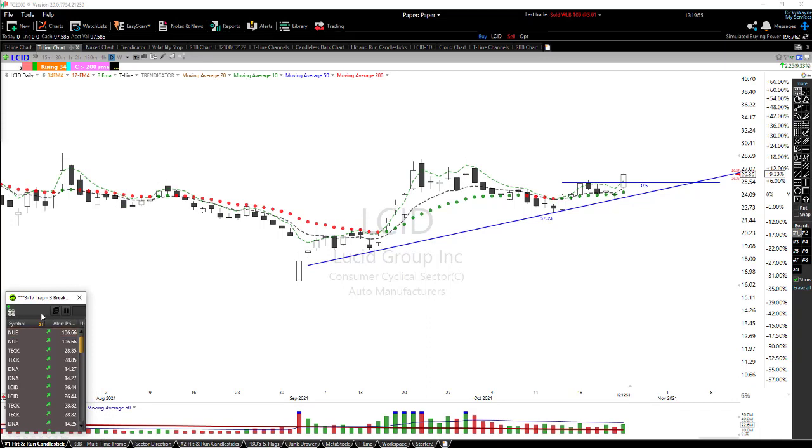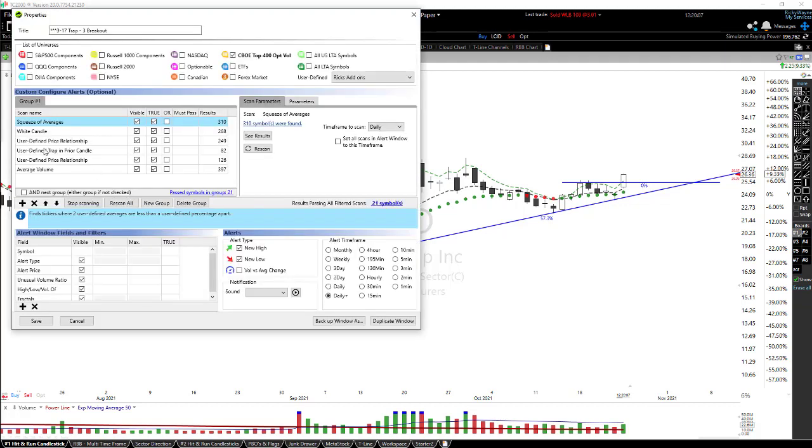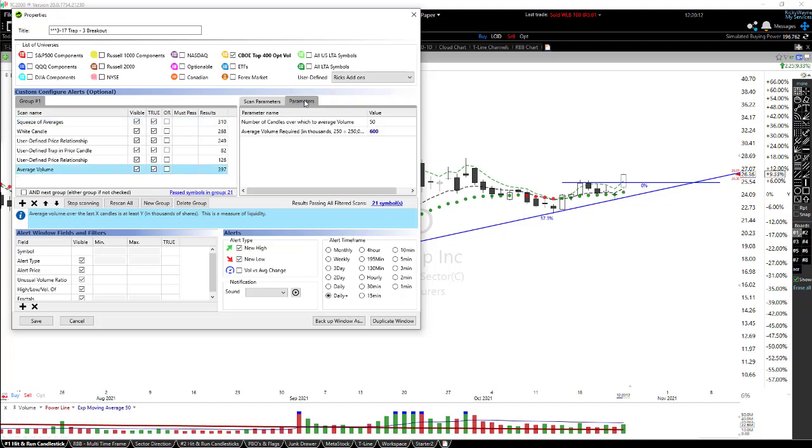And by the way, this number right here, there's only 21 stocks that qualify. That's it. Now, let me do this just in case somebody wants to see. Suppose you want to see all stocks.